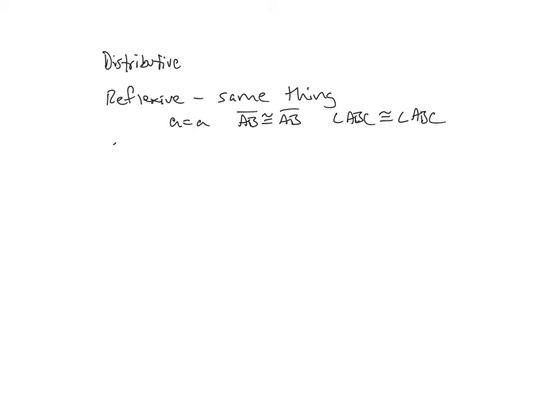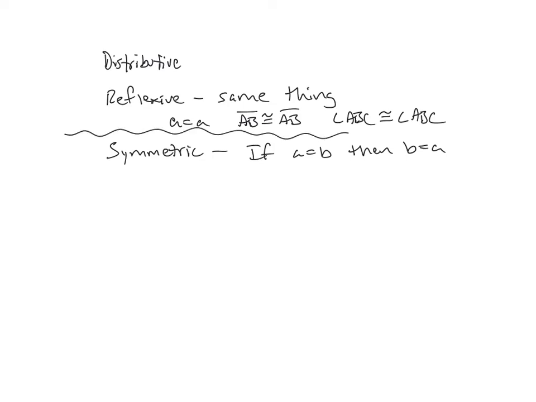So then we had symmetric, and this one's not really used a lot either. It just says if A equals B, then B equals A. It's kind of just saying you can turn the equation around if you want for some reason.